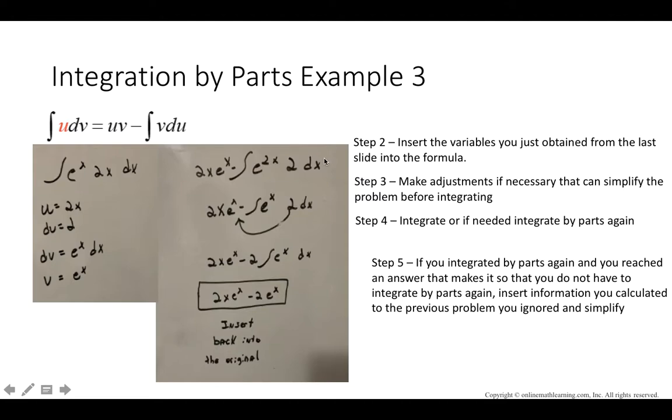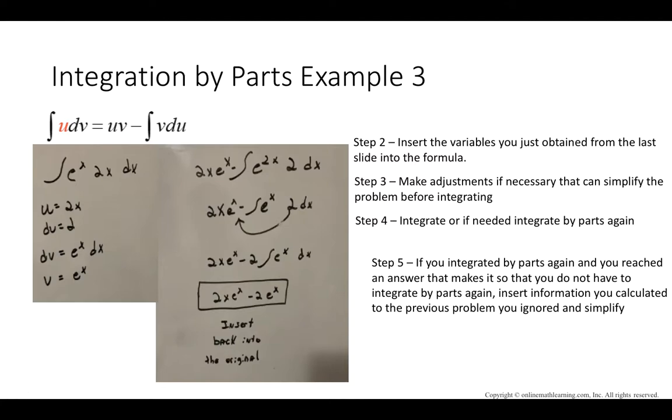I want to make it simpler. I take this 2 and pull it outside of the integral, making it negative 2, and in the integral I'm just left with e to the x. I integrate e to the x, and now I have 2x times e to the x minus 2 times e to the x. That is the integration by parts for that section.